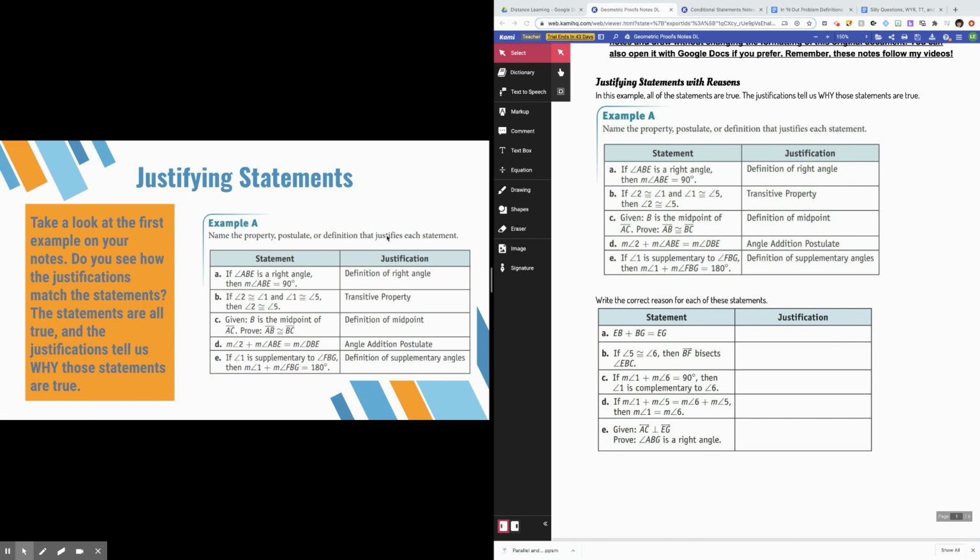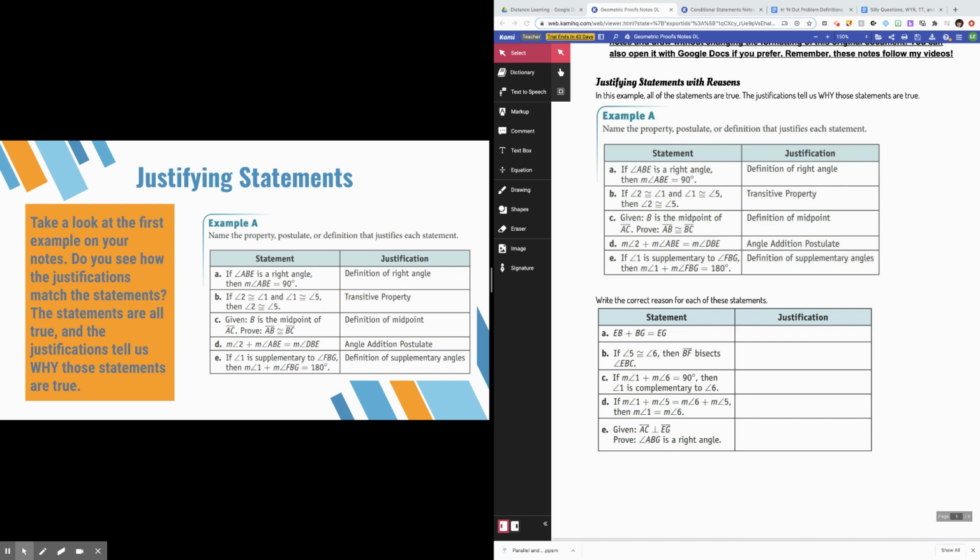As always, my slides are on the left side of the screen and your student notes are on the right side of the screen. Let's take a look first at justifying statements with reasons. In the previous videos on algebraic proofs, you already saw how you can match algebraic properties to steps in solving an equation.